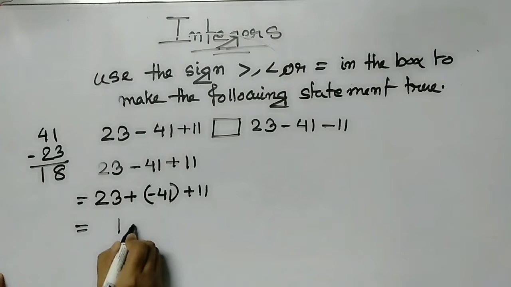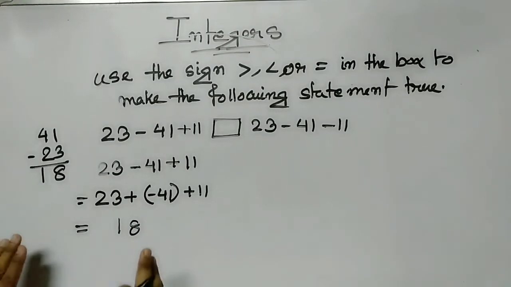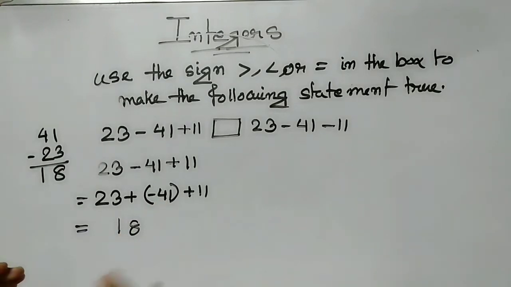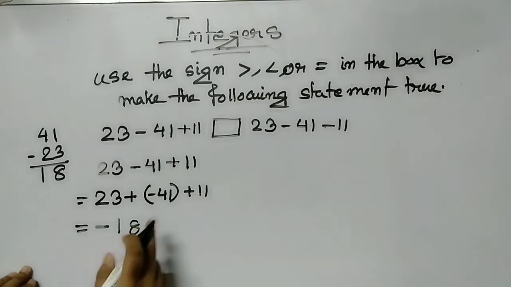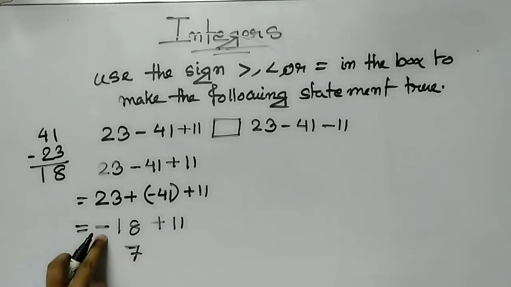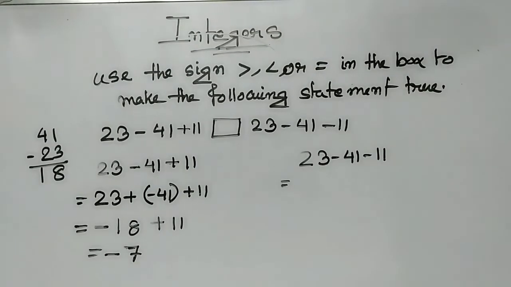So we have to put 18 here. And what will be the sign? The sign will be minus, because minus 41 has the greatest absolute value. Now plus 11, and again follow the same rule. So 18 minus 11 means 7, and we have to put the sign of minus 18, that is minus. So minus 7. Next we have to calculate 23 minus 41 minus 11.